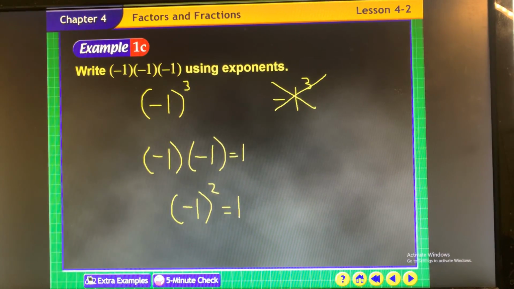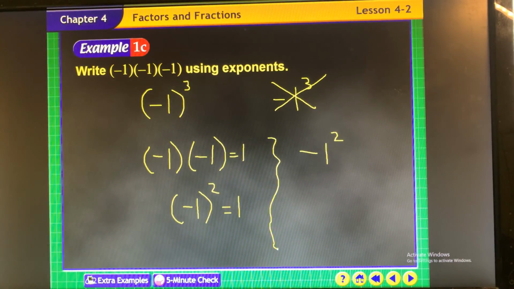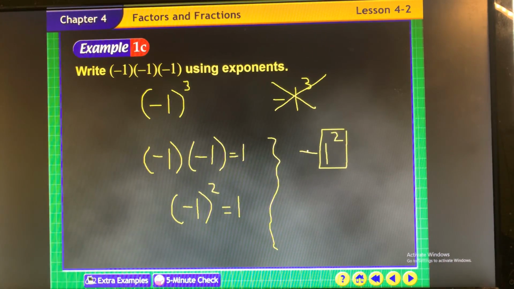This equals 1. If I had this, it is completely different because this is saying I want you to square the number 1 and then tack on the negative, okay? So this would be -1 as my answer. So see, there's a difference.